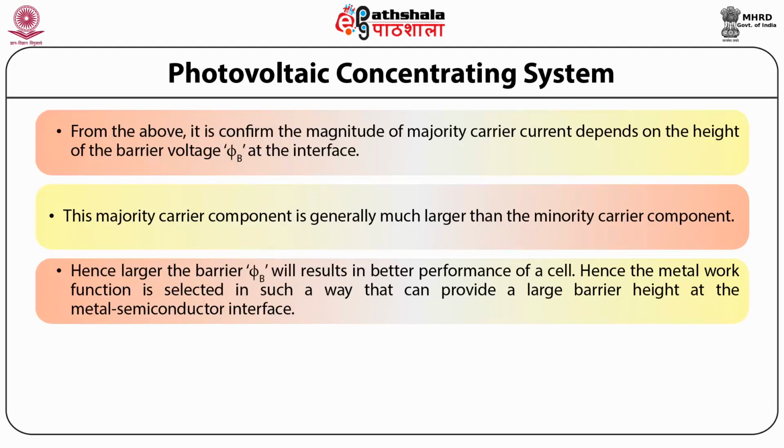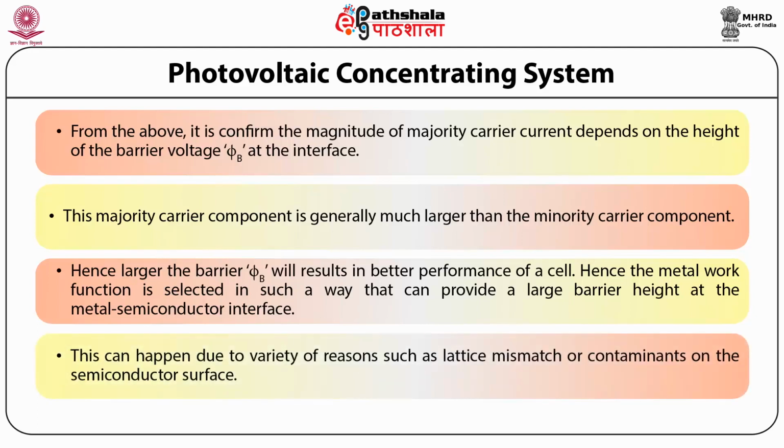Hence, the metal work function is selected in such a way that it can provide a large barrier height at the metal semiconductor interface. However, it is found experimentally that for several semiconductors, the size of the barrier induced is independent of the work function of metal.